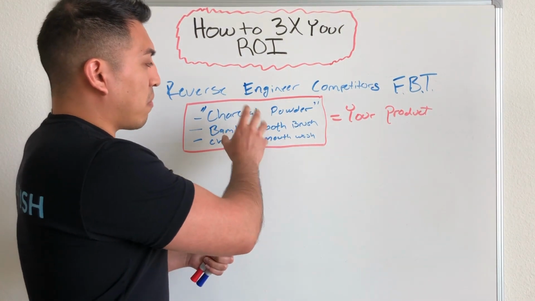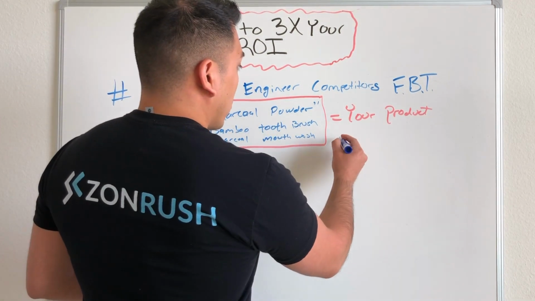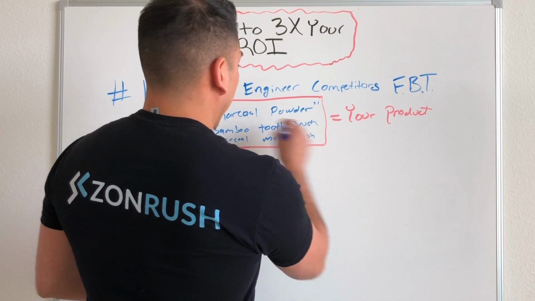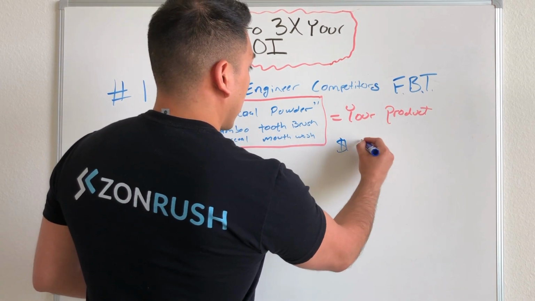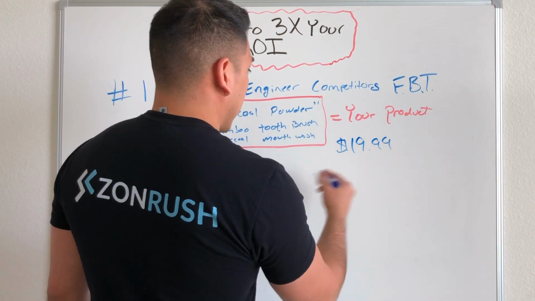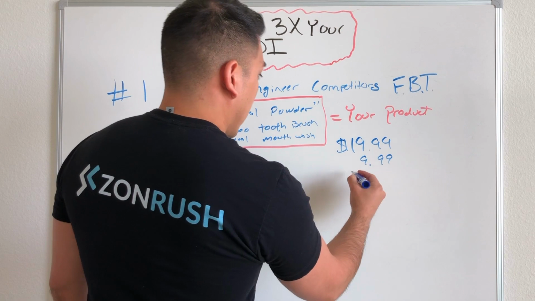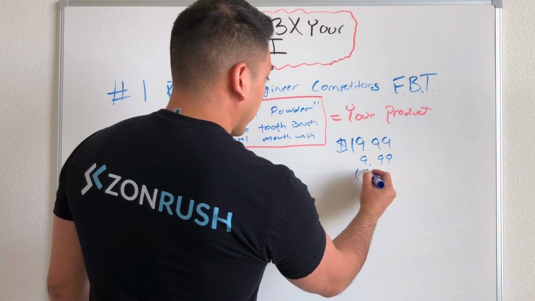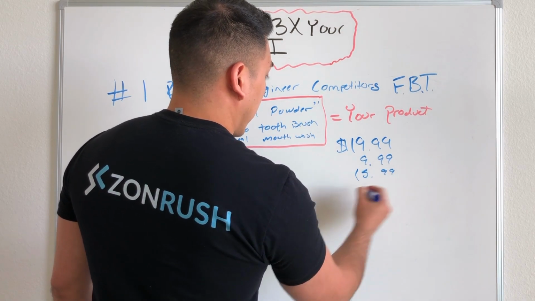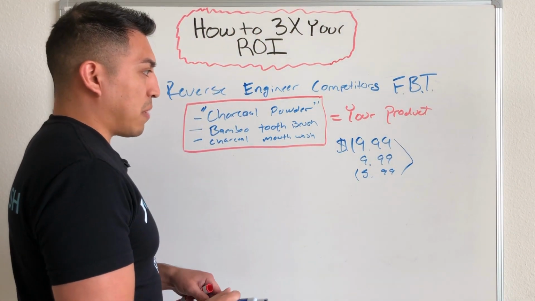If you just did charcoal powder, your normal sales price would have been $19.99, and let's say the toothbrush is $9.99, and mouthwash is $15.99, right? So you have these 3 products here, and people are buying them separately.